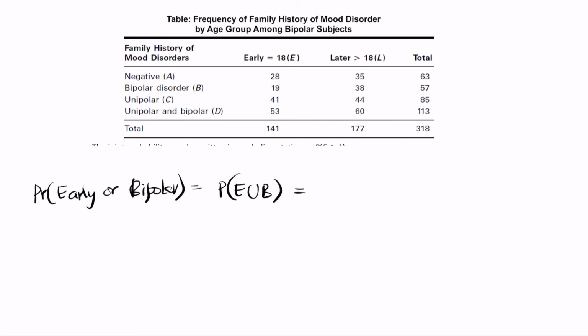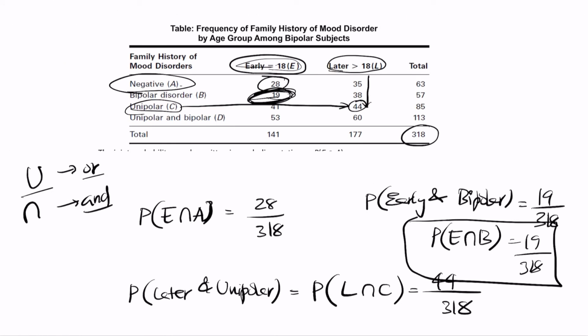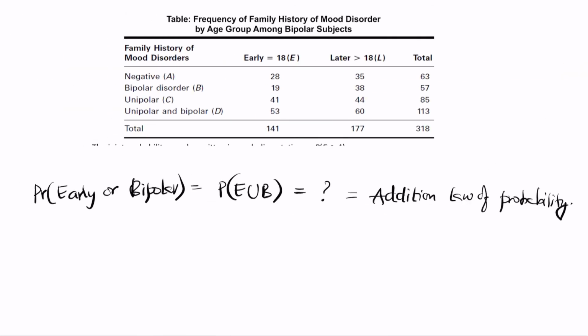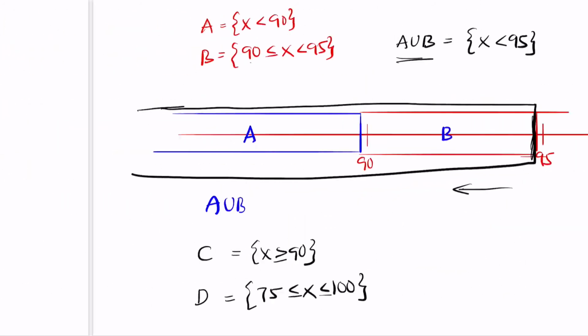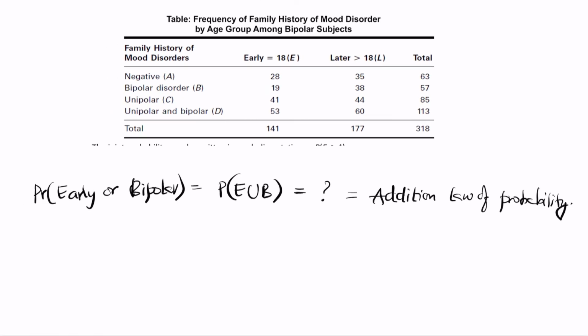This uses a law called the addition law of probability, which we will discuss in the later part of the course. For now I am not going to solve this problem, but just know that we have to use another law for that. So this is the example that we can use to explain intersection.